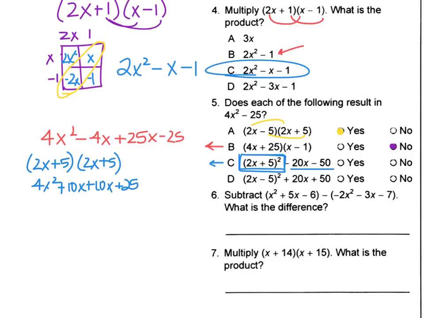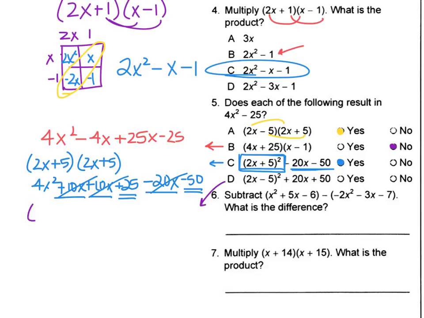And now we can tack on the rest of this they've given us, minus 20x minus 50. So we're curious, is that going to give us 4x squared minus 25 at the top? I've got plus 10x minus 20x. Hopefully you recognize that all those will cancel. And then positive 25 and negative 50 is going to give me negative 25, so that one's going to be a yes.